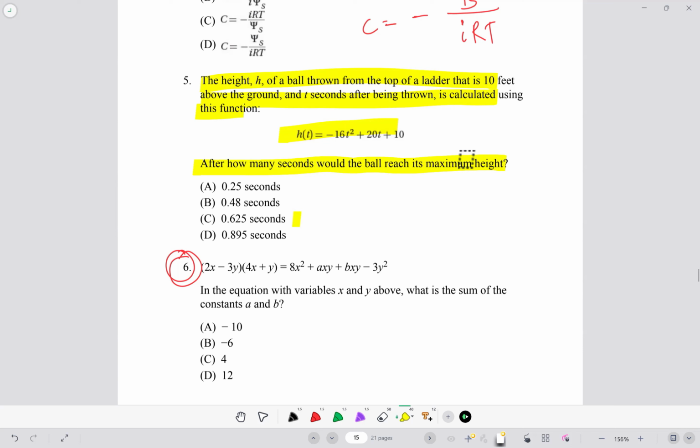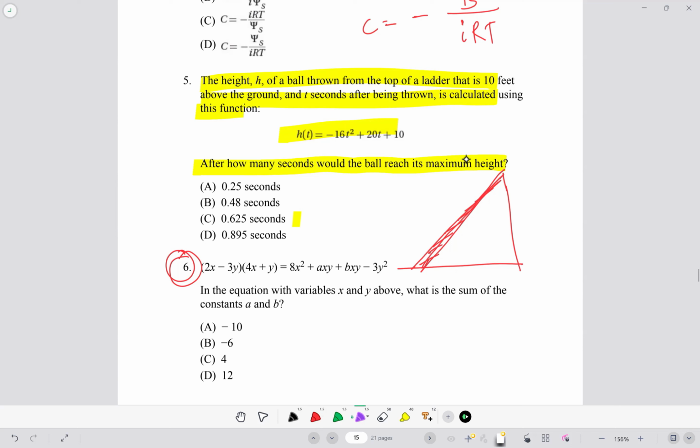The height h of a ball thrown from the top of a ladder. For example, if this is the ladder, just consider it like this. And someone is throwing a ball from here.